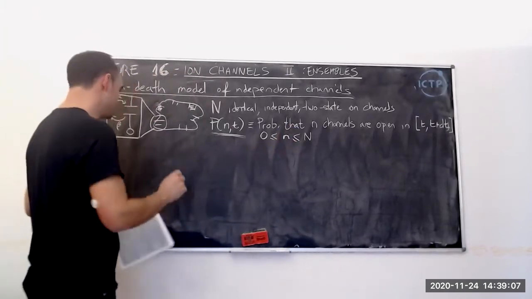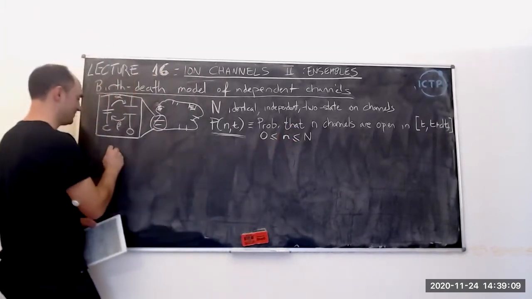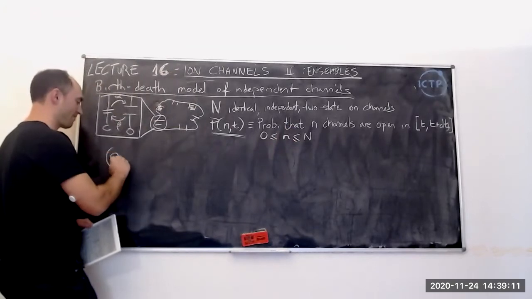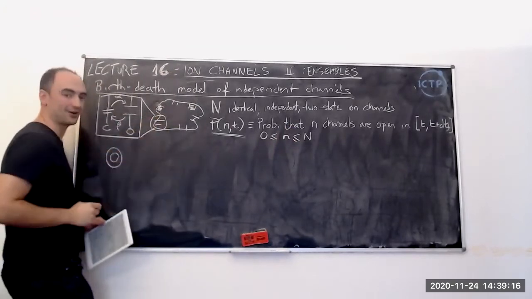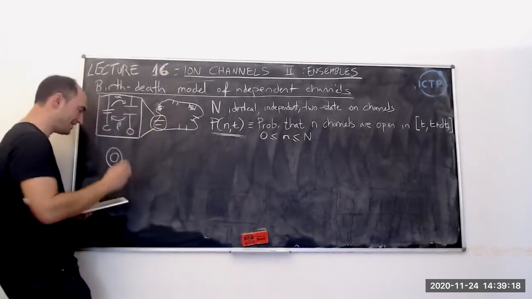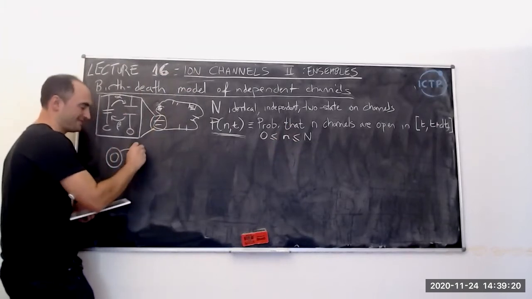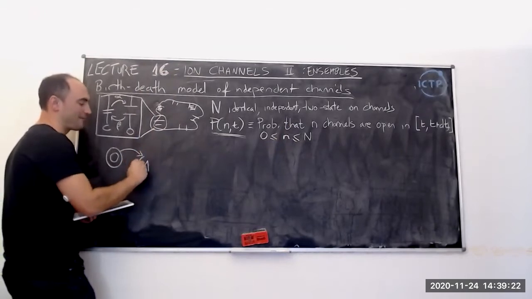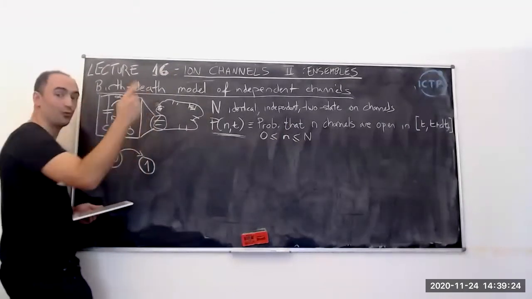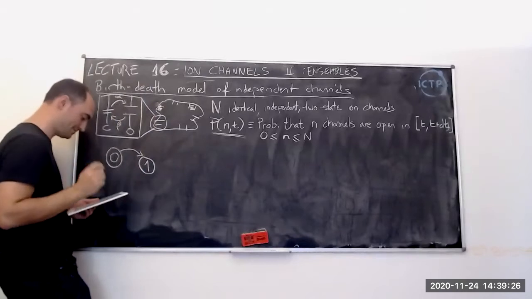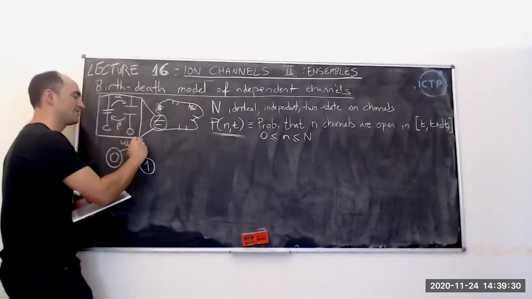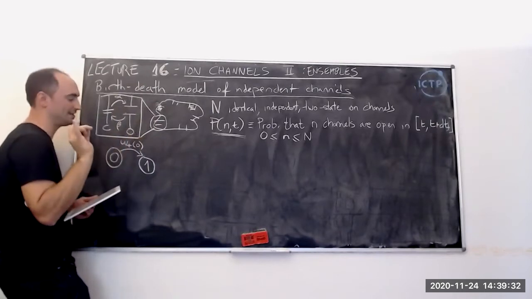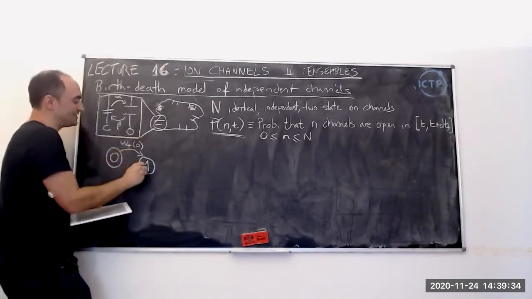So I'll have the following representation. This will be state 0. In this state, all the channels are closed. And then one channel can be open. So I can go to state 1, in which one of the N channels is open. This goes with rate omega plus 0. Okay, this is the way we define rates. But you can also close that channel and go back.